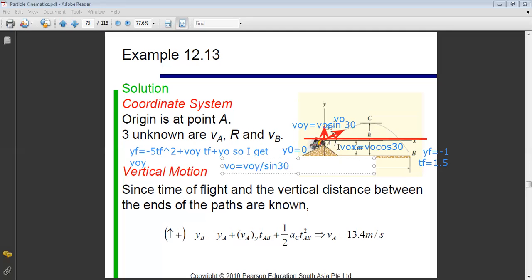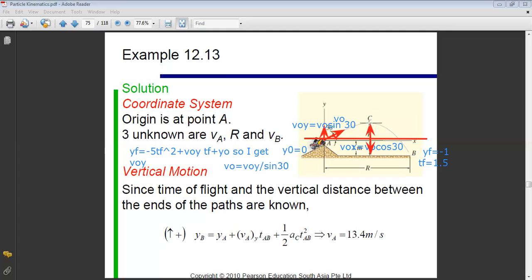Now, they asked me for the maximum height reached. Who will tell me what is the characteristic at the maximum height? What will happen at the maximum height? Vy final is 0. Very good. Vy is 0. Pay attention, not the total velocity, because Vx will always be there, since Vx is a constant.